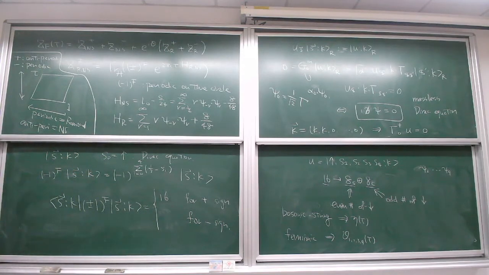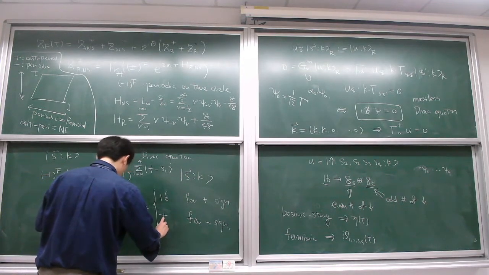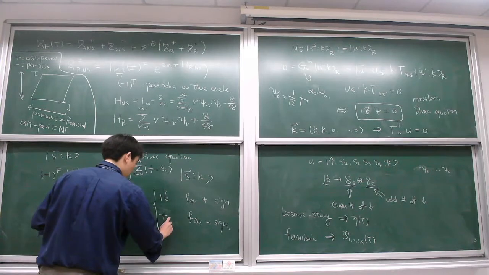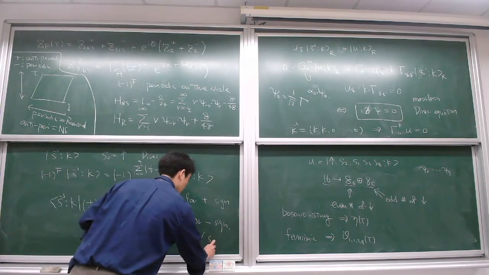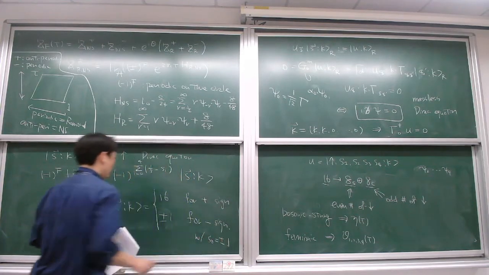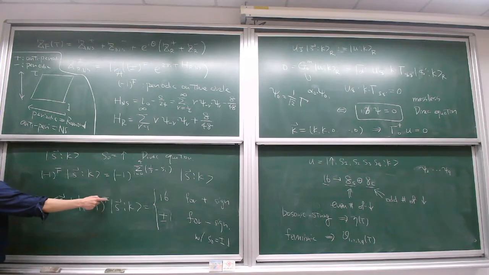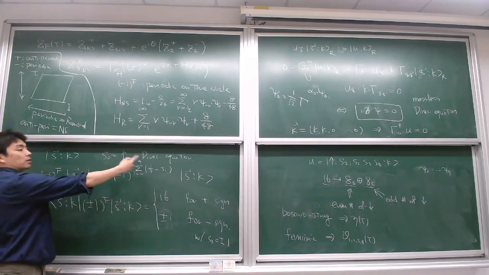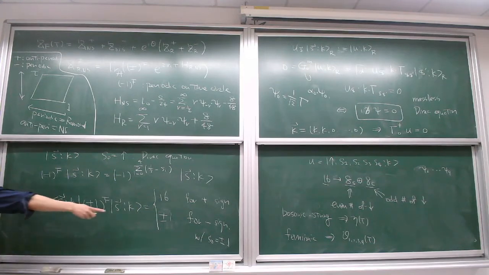I think it's just a typo. Yeah, it should be plus minus 1, depending on the choice of S0. Sorry, this is a typo, because this (-1)^F will give you just some phase. It doesn't change the state, so you can sandwich, you get 1. So this is just a typo.